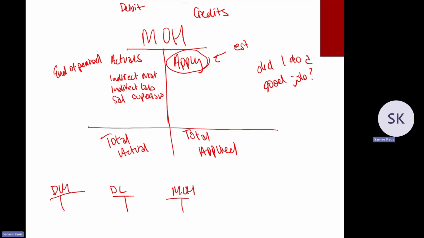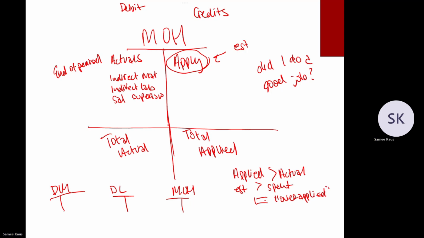So I have to think, if my applied is greater than my actual, what does that tell me? That I estimated more than I spent. So that is going to say that I over applied something. Okay, think about that.